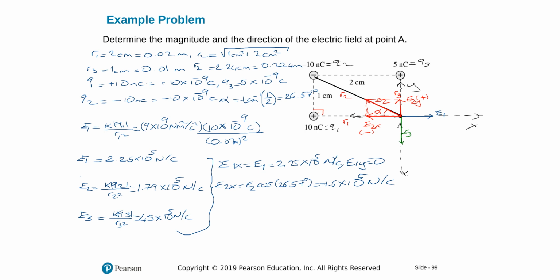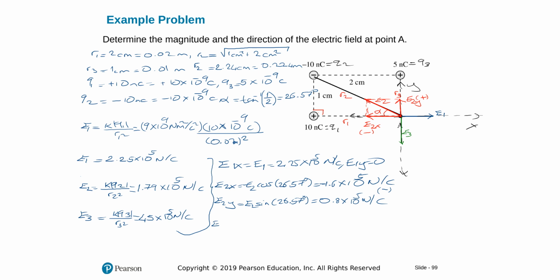You can put the sign here or just put it aside. Know that you'll have to take that value as negative, so it's up to you to decide. Either just put it in front of the number. Either way, you have to take E2x as negative. E2y is positive. It will be E2 sine alpha, 26.57 again, and that should give us a value of 0.8 times 10 to the 5 Newton per coulomb.